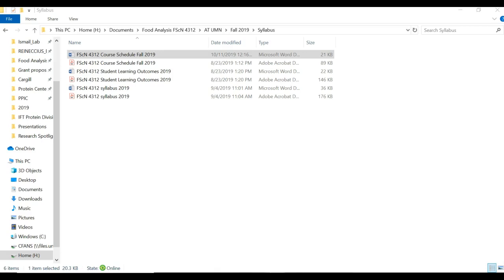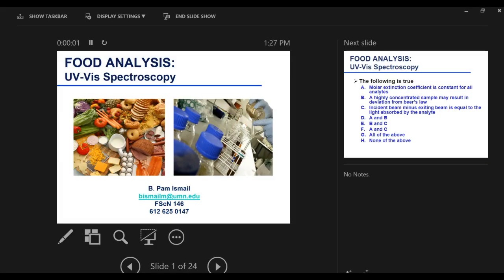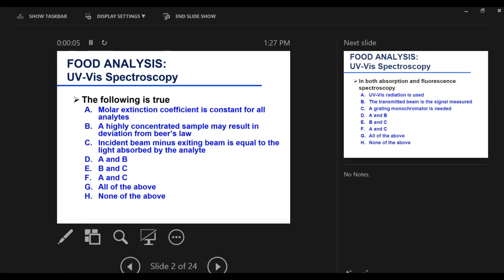Now we're going to dive into the different analytical spectroscopy methods. Back to Beer's law. What do we know? We don't know anything, that's fine.